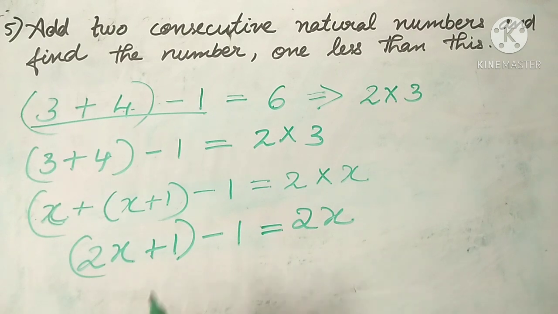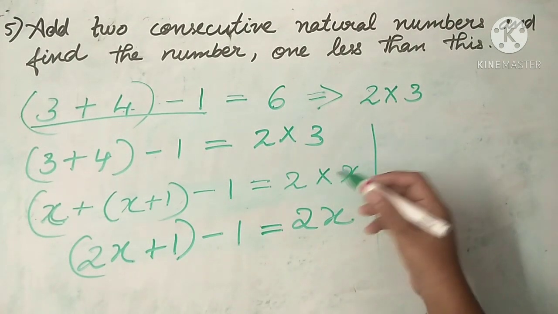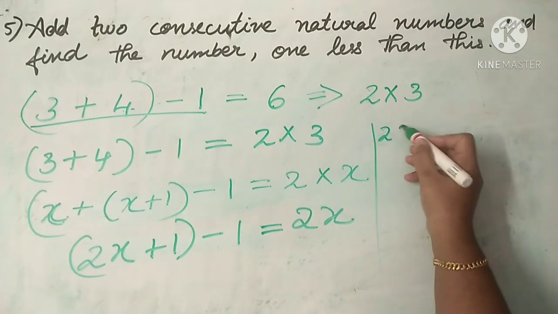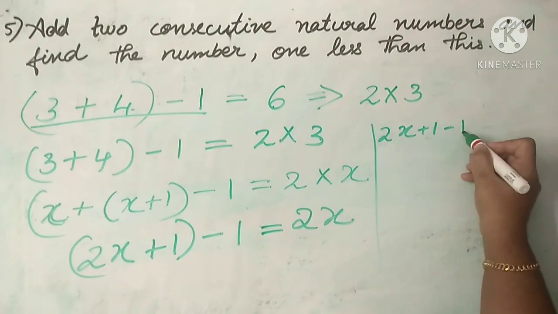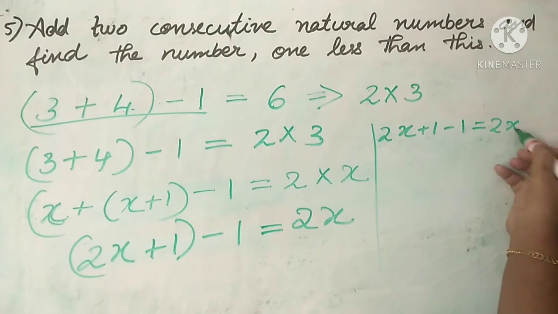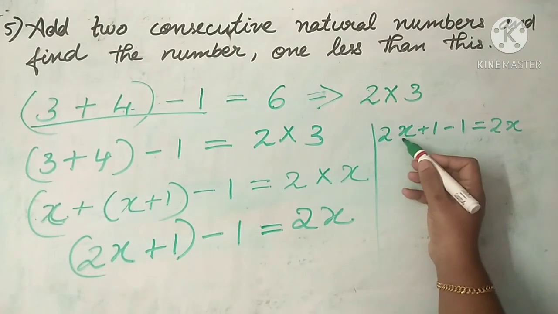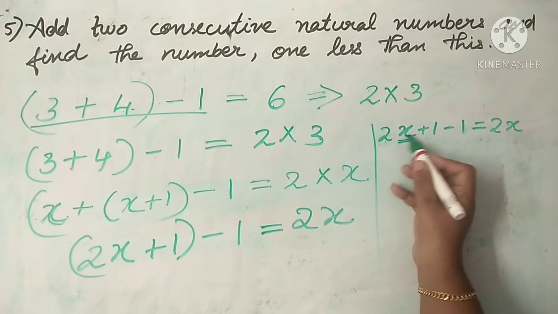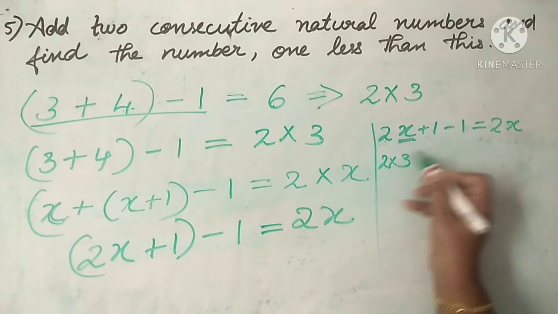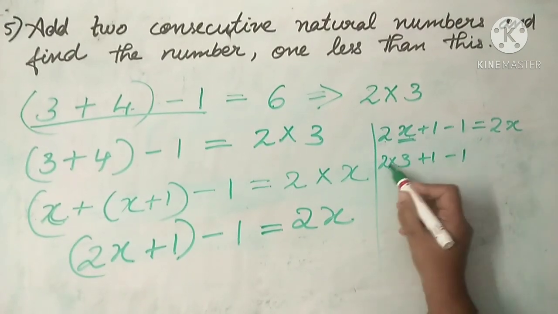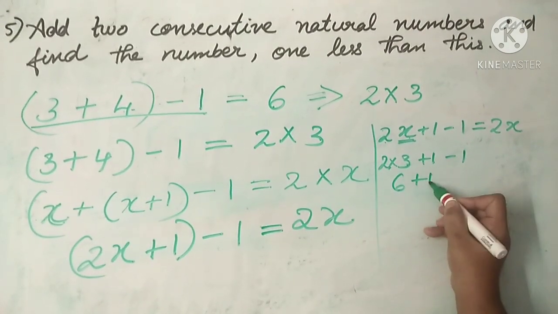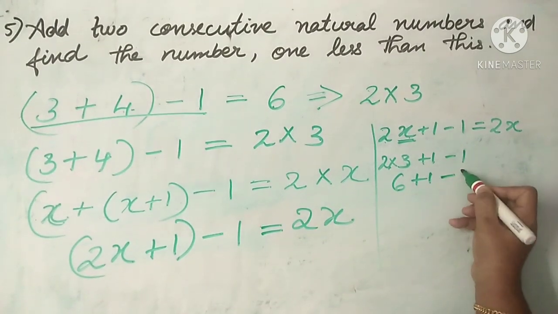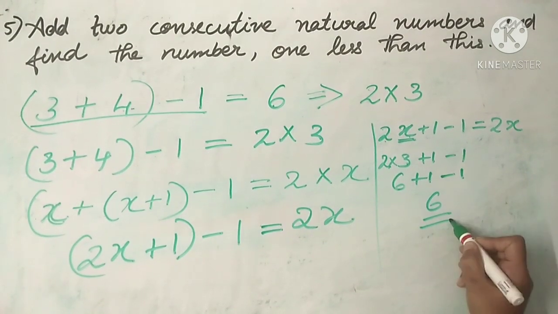See, if you have any doubt in this equation, you can substitute and see the number again. The algebraic expression is 2x plus 1 minus 1 equal to 2x. I'm going to substitute 3 instead of this x. 2 into 3 plus 1 minus 1. 2 3s are 6, plus 1 is 7. 7 minus 1 is 6, isn't it?